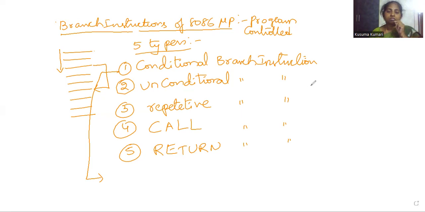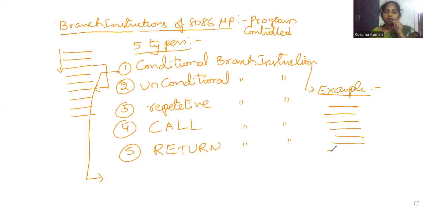Just for example, a conditional branch instruction. Here, for example, these are all the instructions, here is one conditional branch instruction, and these are the remaining instructions.